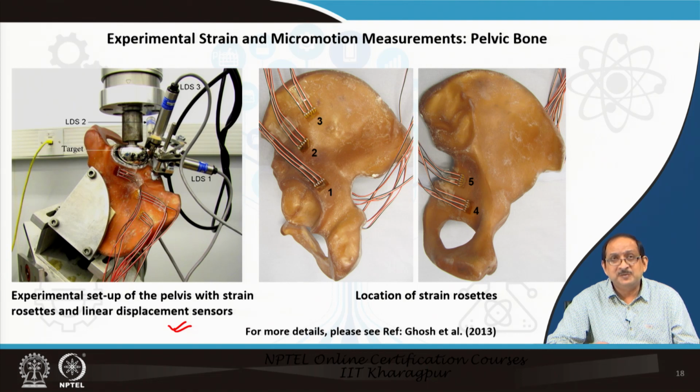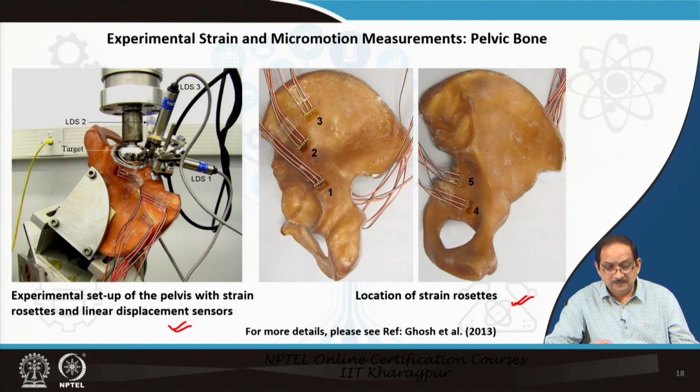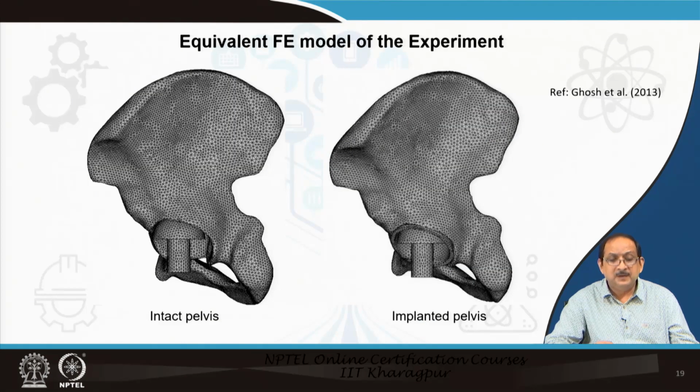The linear displacement sensors, LDS 1, 2 and 3, are oriented along three mutually perpendicular directions. On the right, we have the location of strain rosettes fixed on the surface of the composite pelvic bone.